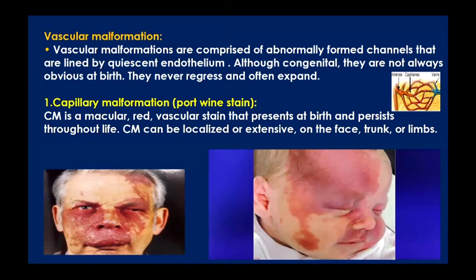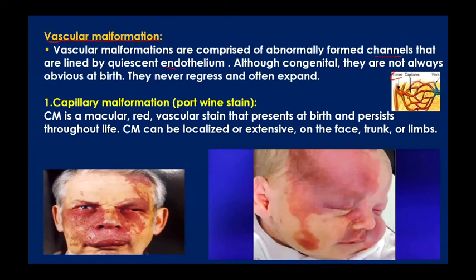Okay, vascular malformation. Vascular malformation is important. Vascular malformations are abnormal channels lined by endothelium. Usually there are arteries and veins and in between capillaries.